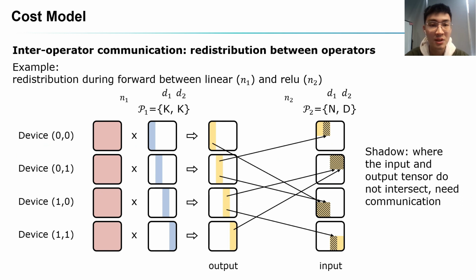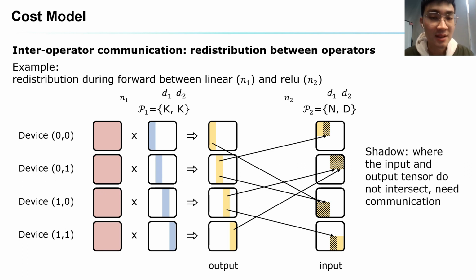For two consecutive operators N1 and N2, due to different partition strategies of N1 and N2, the distribution of N1 output generally doesn't match with that of N2 input. For each device, there may be some part of N2 input that is not locally available when finishing the N1 computation, which requires communication.